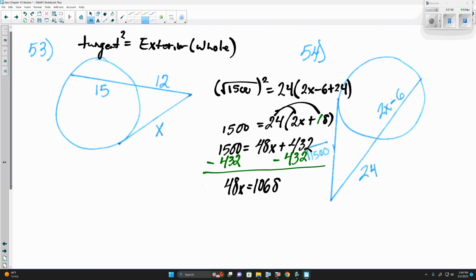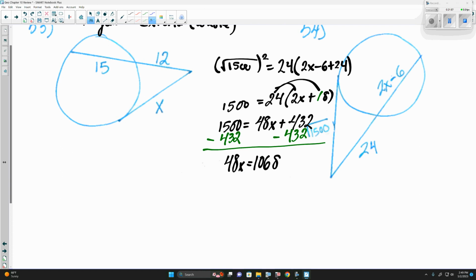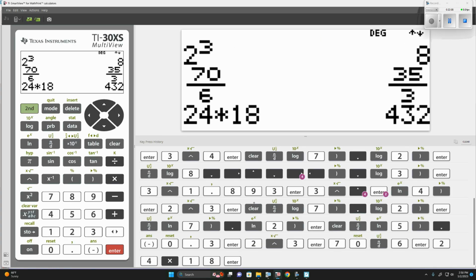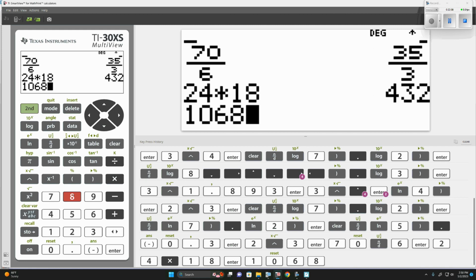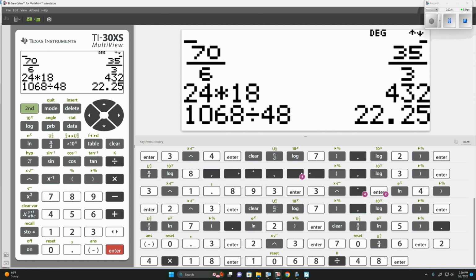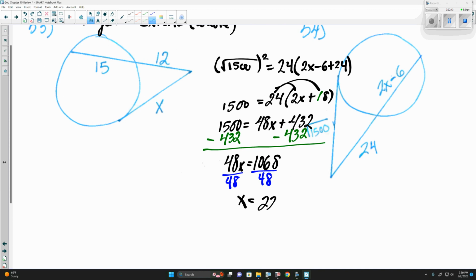Now we need to divide this by 48. Then 1068 divided by 48 is 22.25. And that's it.